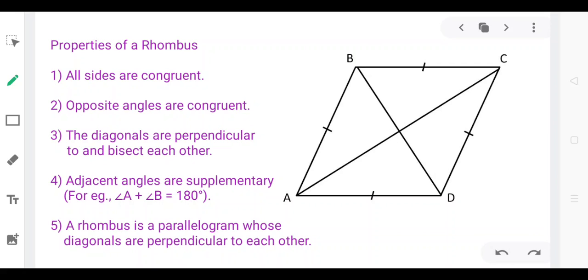Fourth property, adjacent angles are supplementary. For example, angle B plus angle A is equal to 180 degrees. These are the adjacent angles. Fifth property, a rhombus is a parallelogram whose diagonals are perpendicular to each other.